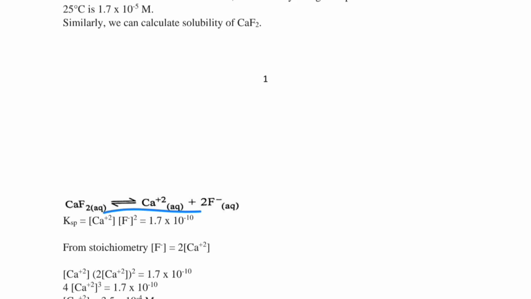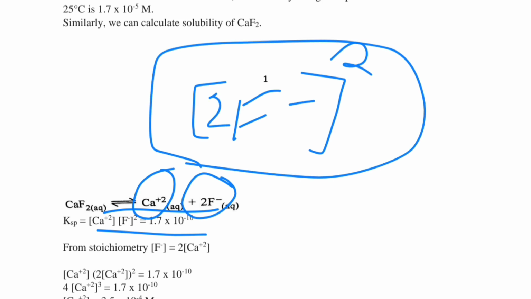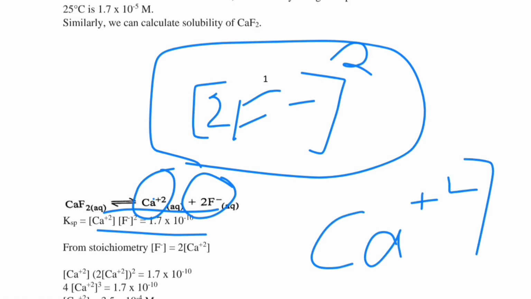Example of CaF2: here you can see it forms one ion of calcium and two ions of fluoride. It will be written this way for fluoride, F minus, in brackets with 2 as the power, and for calcium we will write Ca plus 2.